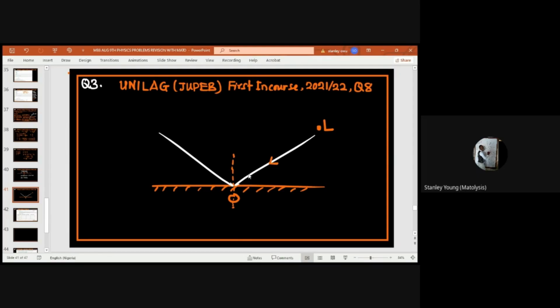The angle of incidence should be equal to the angle of reflection.